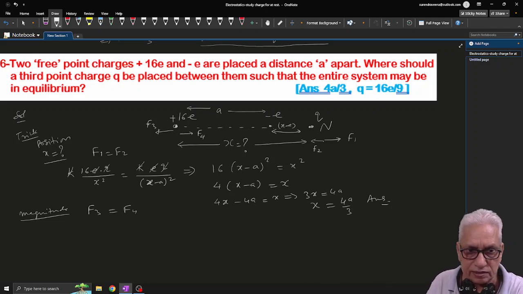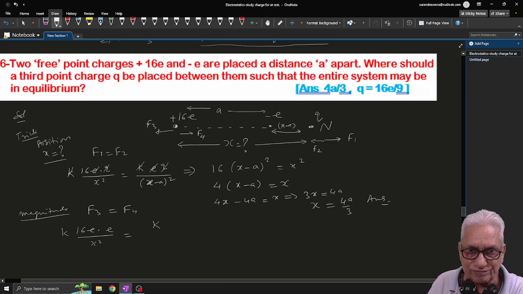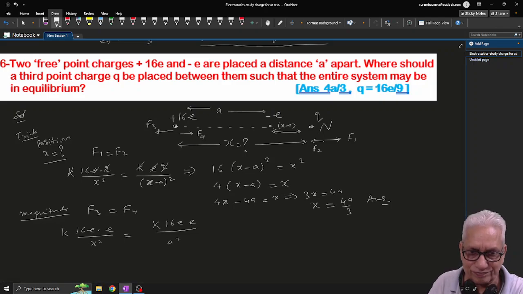What is F3? This is k 16e and e upon x square, minus कभी नहीं लेना. इसके बीच में फोर्स लगेगा k 16e q upon a square. Here q is what we have to find, x is the distance. तो ये q नहीं कटेगा, ये कट जाएगा.